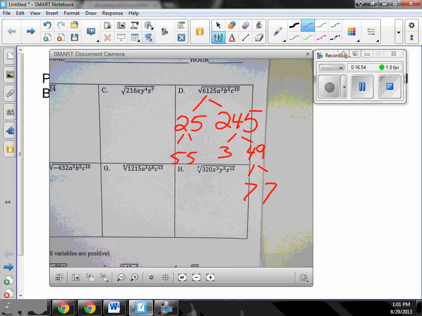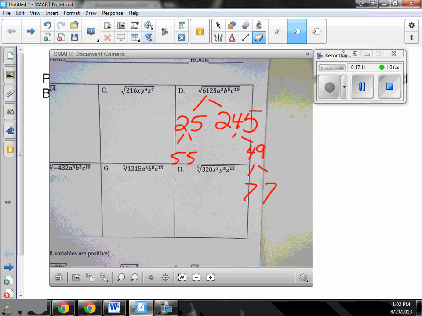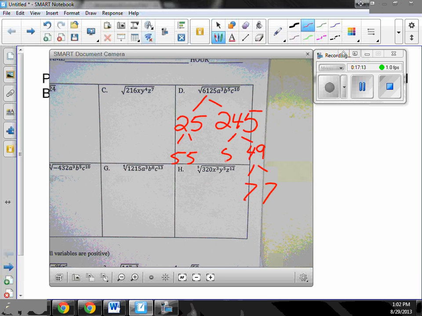What are we going to pull out? A set of 5s and a set of 7s. So what are my 2 perfect squares? Oh, is that 3 of 5? I'm sorry. So 3 didn't work, did it? So what is my perfect square there?